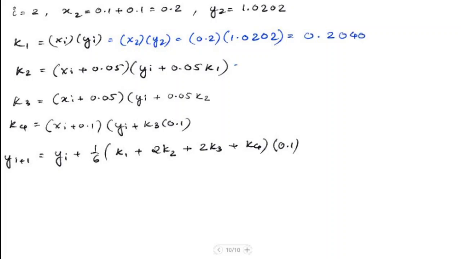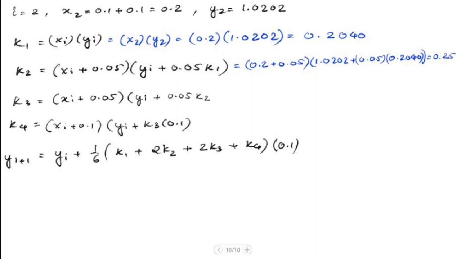And then for K2 we'll have here x2, which is 0.2, plus 0.05 times y2, that's 1.0202, plus 0.05 times K1, that we got as 0.2040, and this will give us the value 0.25.